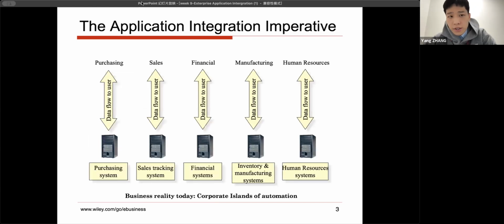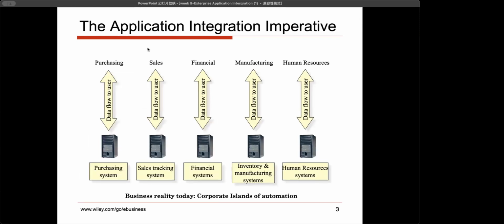As you can see here, the application integration imperative is a business reality today: corporate islands of automation. We can see there are many different systems related to different functions of the business.